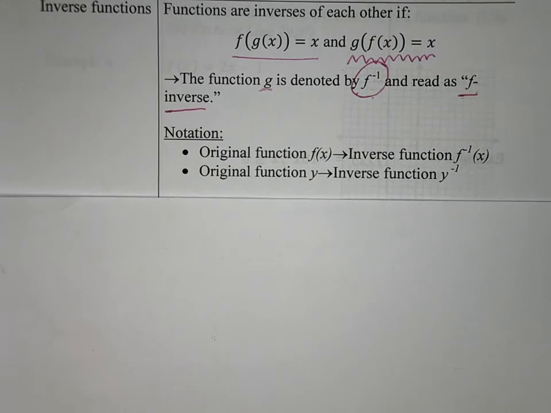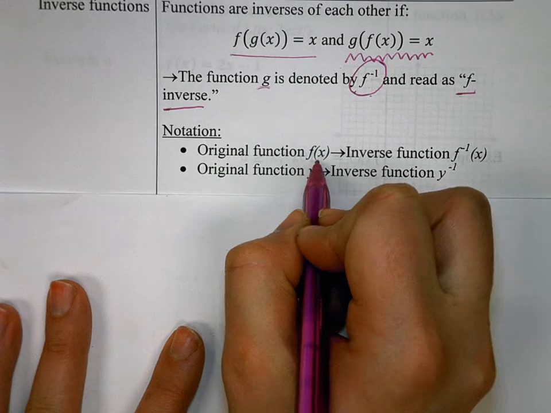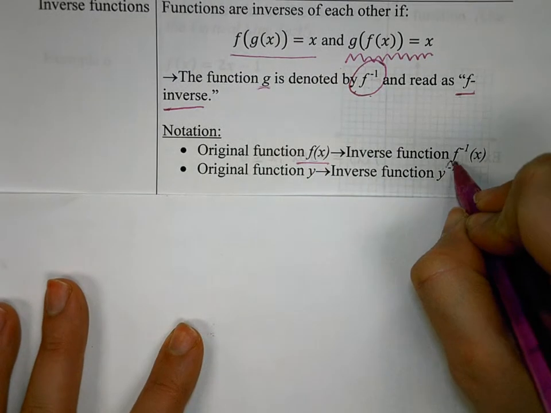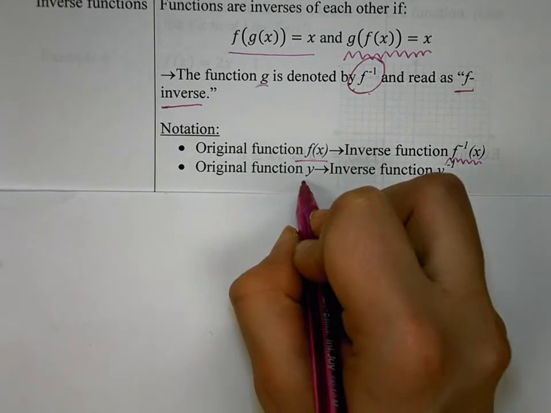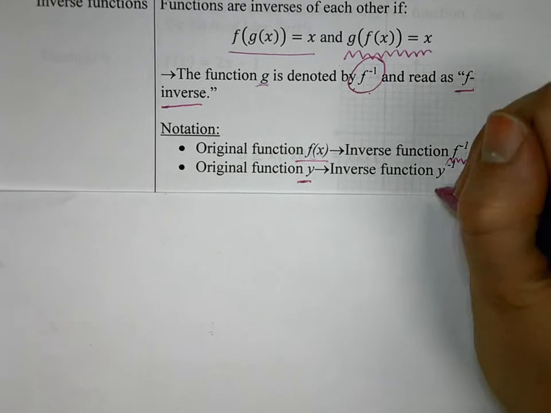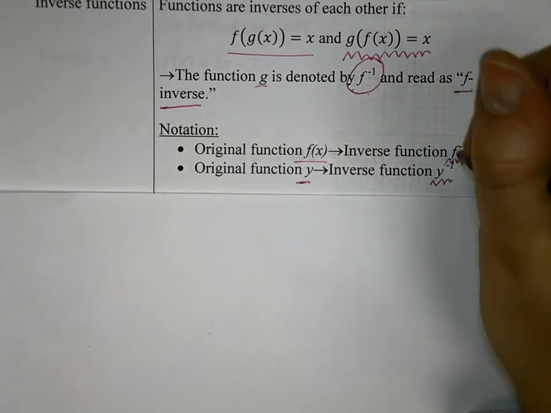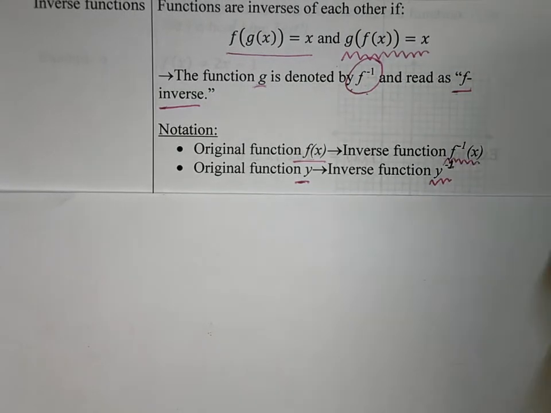A way to write this a little bit more clearly, if your original function is f of x, then you would write the inverse function as f inverse of x. If your original function is given to you as y, we write the inverse function as y inverse. And that is a -1 up there that I just kind of wrote over.